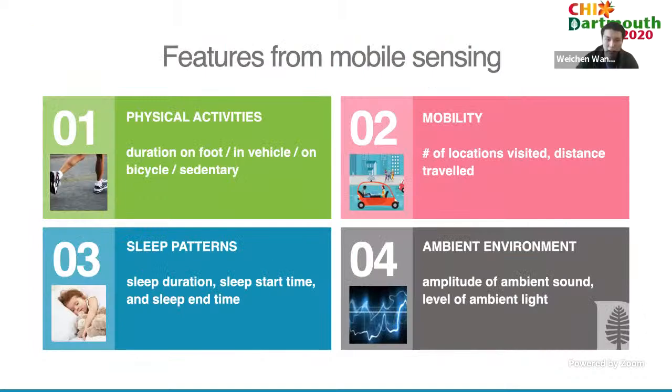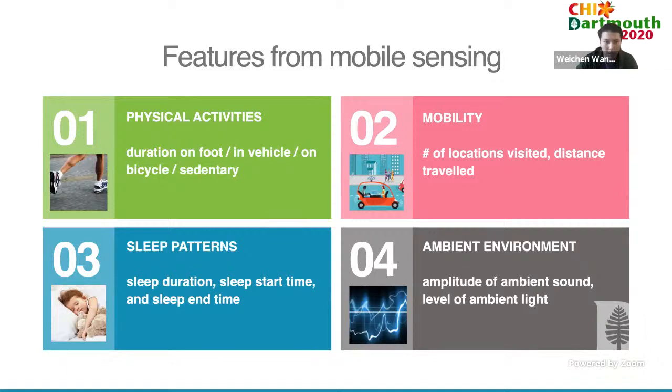The CrossCheck app collects a wide range of passive behavior sensing data from the phone. We compute the features on a daily basis and broken down into 4 epochs of the day: morning, afternoon, evening, and night, which allows us to model people's behaviors during different parts of the day.